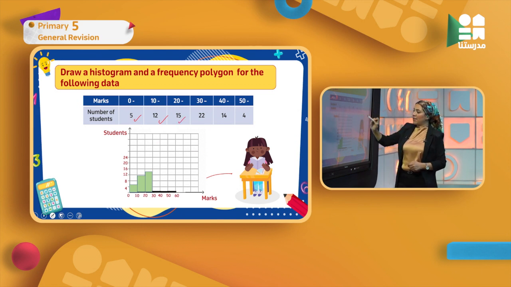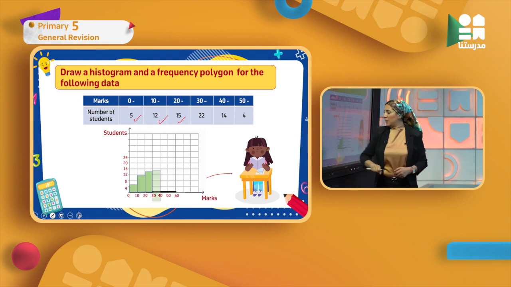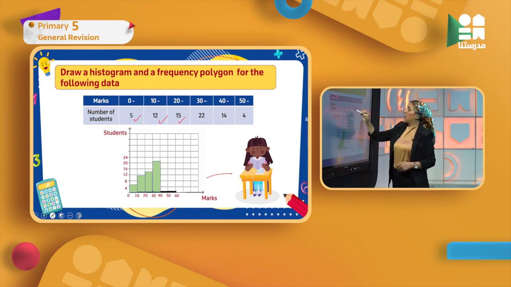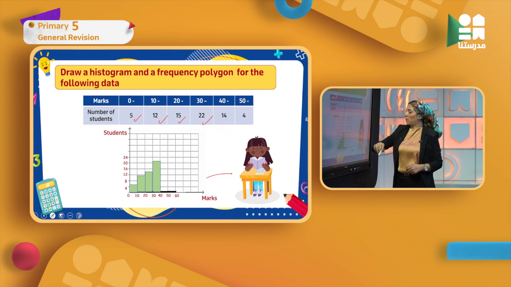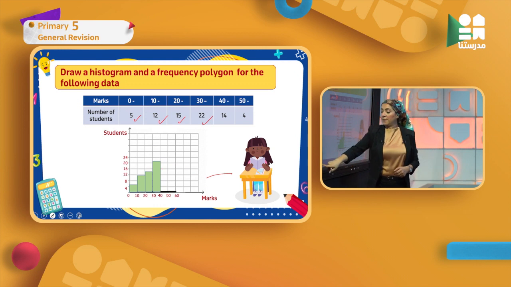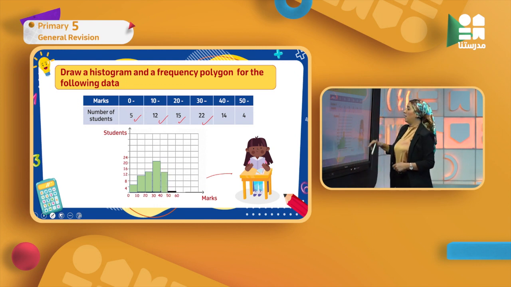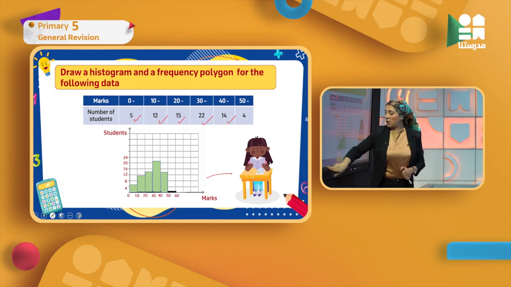From 30 to 40 it's 22, so it goes just before 24, between 20 and 24. Okay. Now from 40 to 50 it's 14, so between 12 and 16. And the last one, from 50 to 60, is going to be just 4.